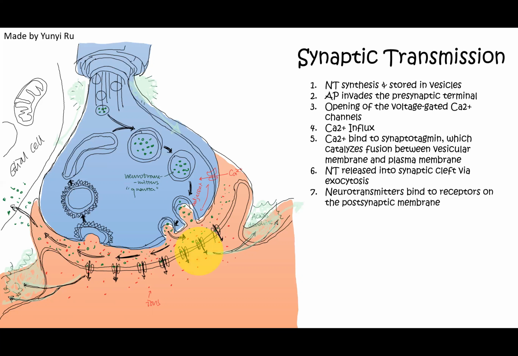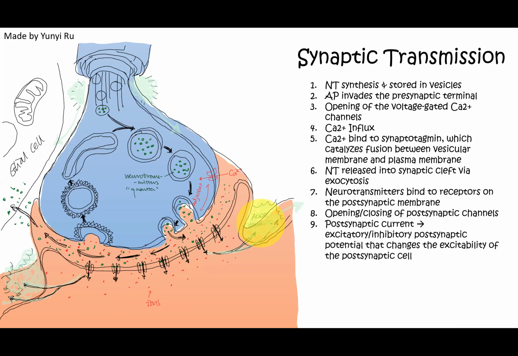Then the neurotransmitter binds to the receptors on the postsynaptic membrane, which results in the opening or closing of the postsynaptic channels. Also, the postsynaptic current results in the excitatory or inhibitory postsynaptic potential that changes the excitability of the postsynaptic cell.